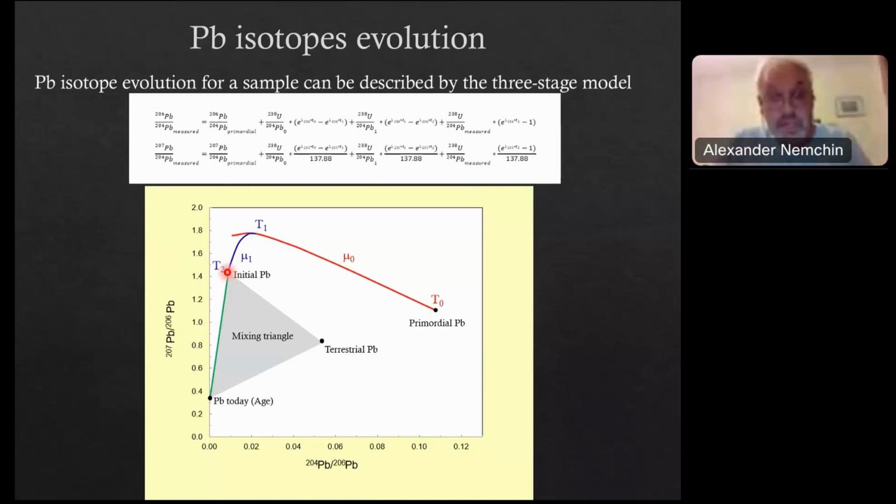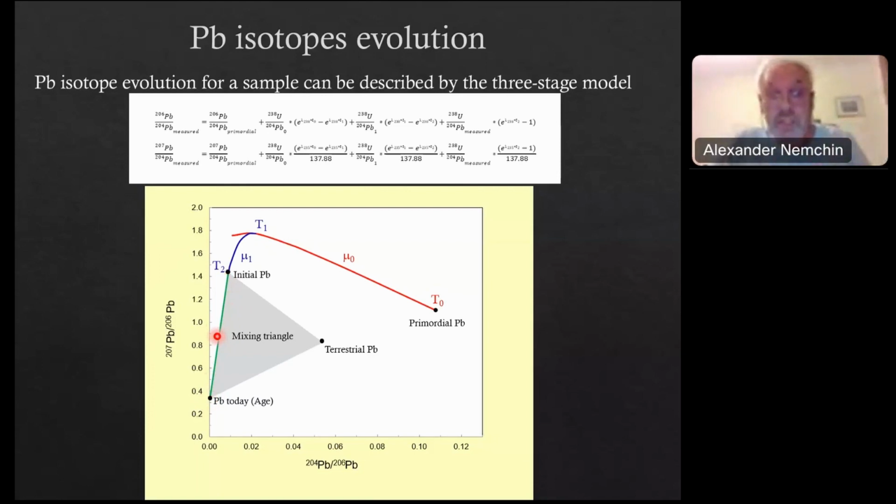From that point, we start lead evolution within our sample. Depending on how the uranium-lead ratio varies in different parts of the sample, our lead will evolve along the green line here. So whatever we're measuring today is going to be distributed along this green line.